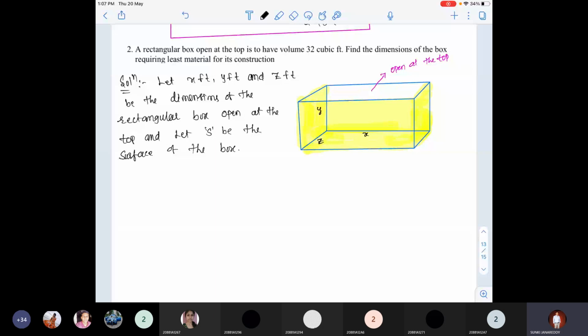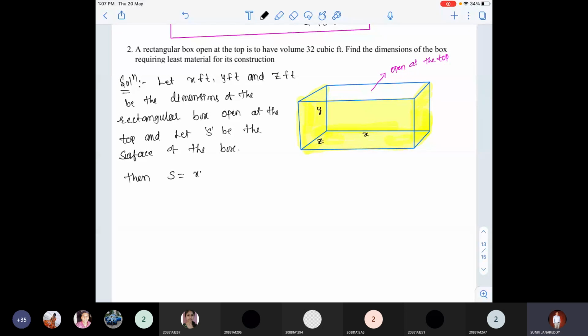Top means we take it in the xy plane, so that side is not counted. That is why in place of 2xy we take xy. Very good: xy plus 2yz plus 2zx. Right? This is the surface area of the rectangular box open at the top.